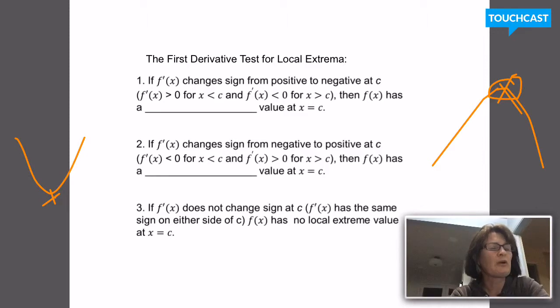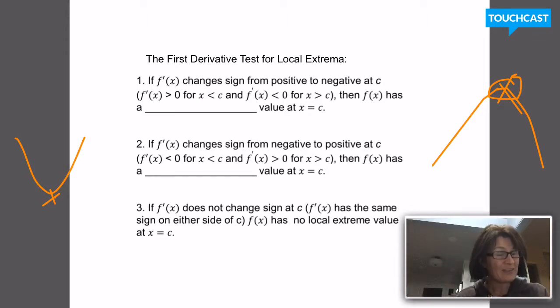And then just notice this third part here. If there's a critical point c, and f prime doesn't change sign at that critical point, then there is not a relative minimum or a relative maximum. So that's important because that says just because there's a critical value doesn't mean I have a top of a hill or a bottom of a valley.